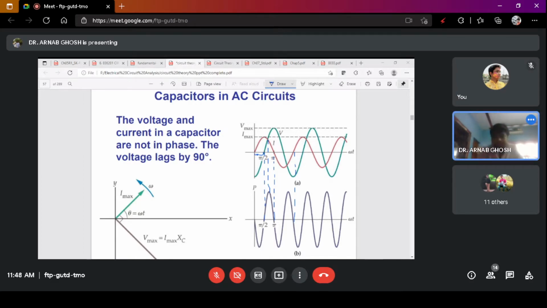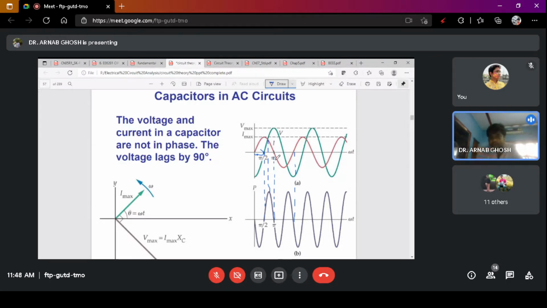See, when I'm talking about this point, look at this point where this pen is present. At this point, your voltage is 0, but you have a current, but your power is Vmax into Imax, so your power must be equal to 0.